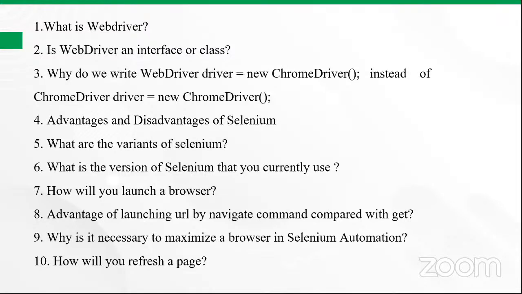We cannot create an object of an interface. As I told you, WebDriver is an interface, and hence we cannot create an object of the interface. So that is why we don't write WebDriver driver = new WebDriver.